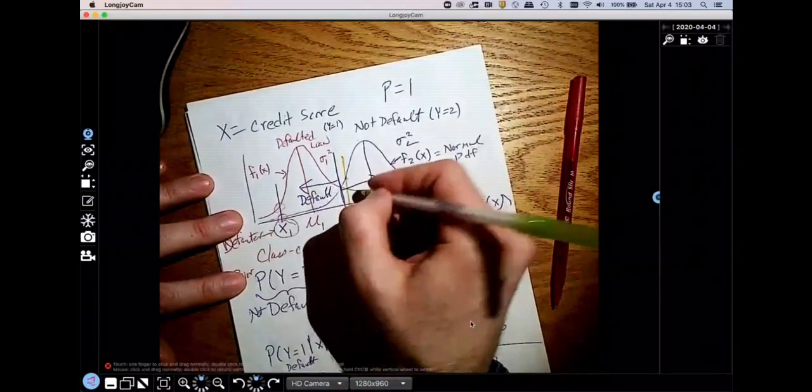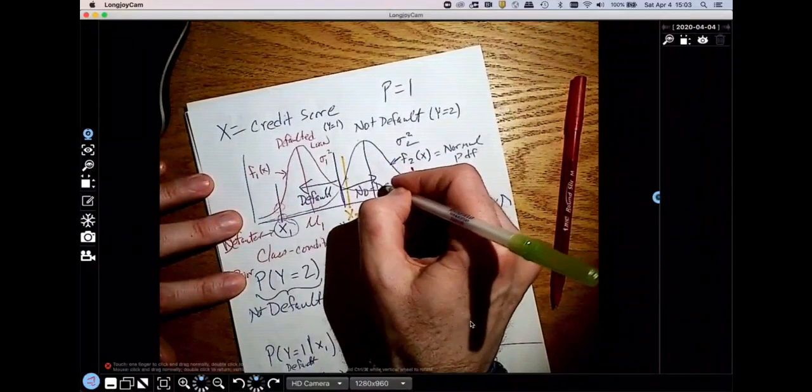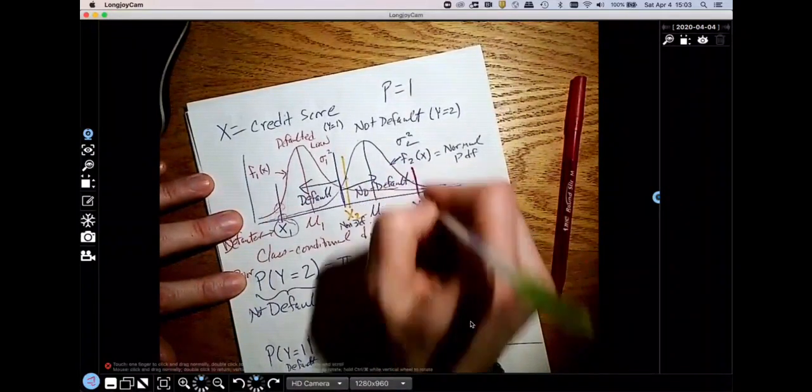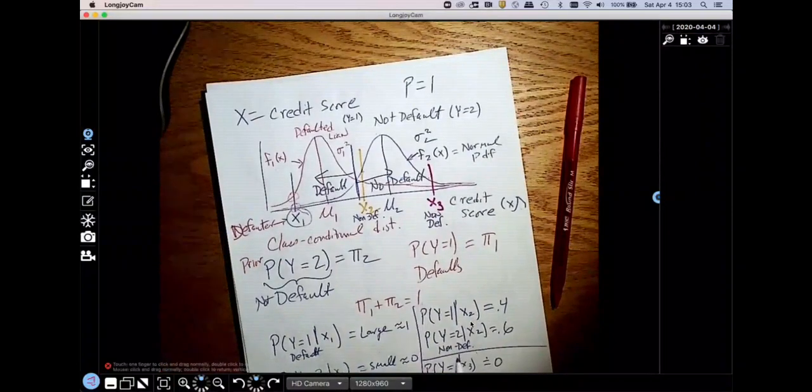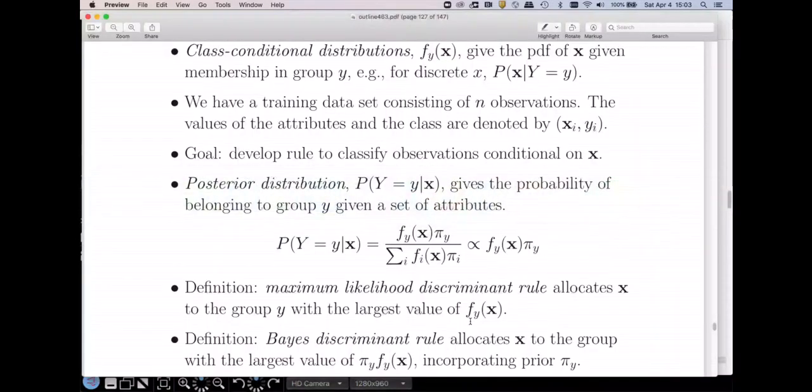Any value out here, we predict no default. All right, so that's the maximum likelihood rule. Just take the one with the larger value, and you have your classification.